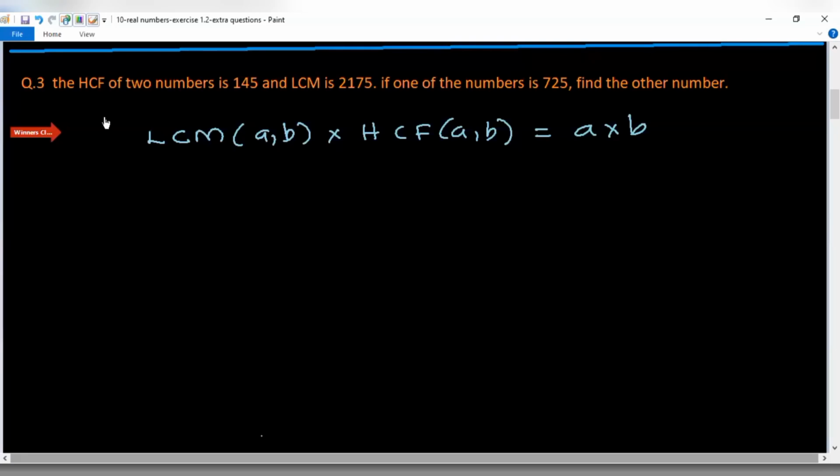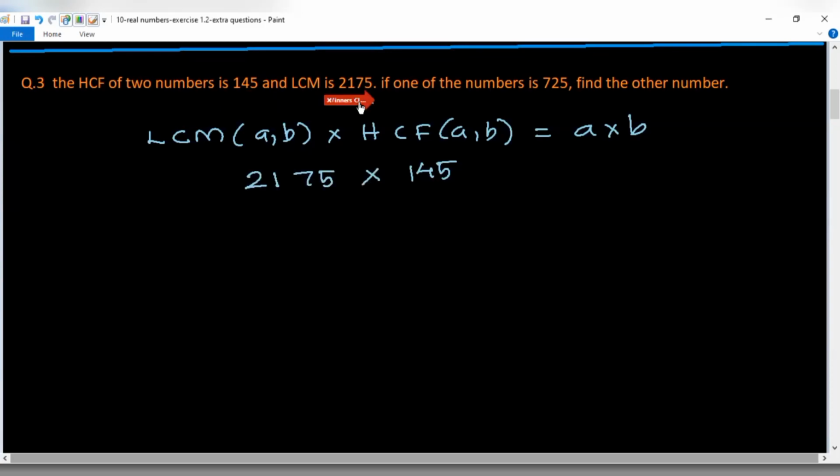This is our next question. The HCF of two numbers is 145 and LCM is 2175. If one of the numbers is 725, find the other number. See, the same logic we have to apply here. Here HCF is given as 145 and LCM is given as 2175.